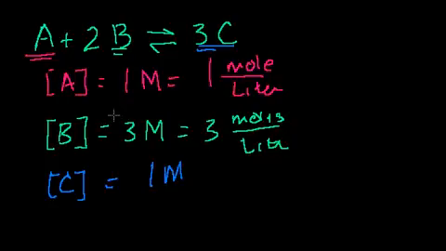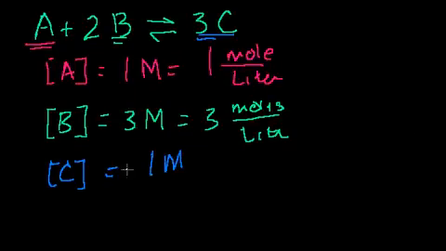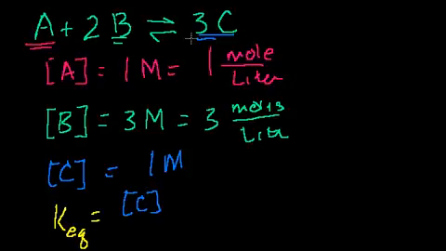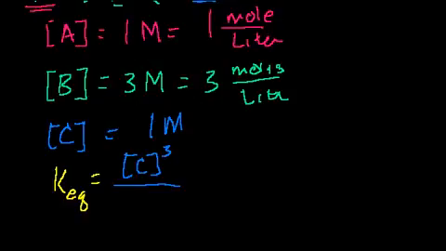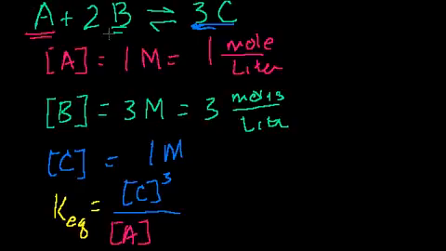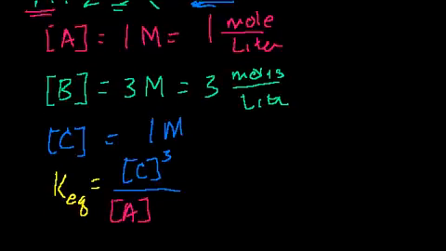So if we wanted to calculate the equilibrium constant for this reaction, we just take the concentration of C to the third power, divided by the concentration of A to the first power, because there's only 1 mole of A for every 3 of C and 2 of B, times the concentration of B to the third power.